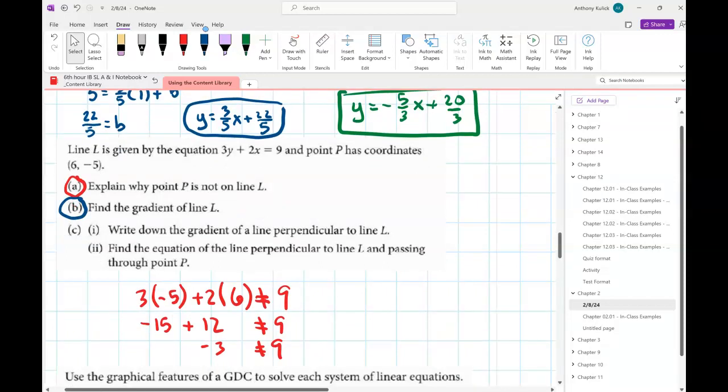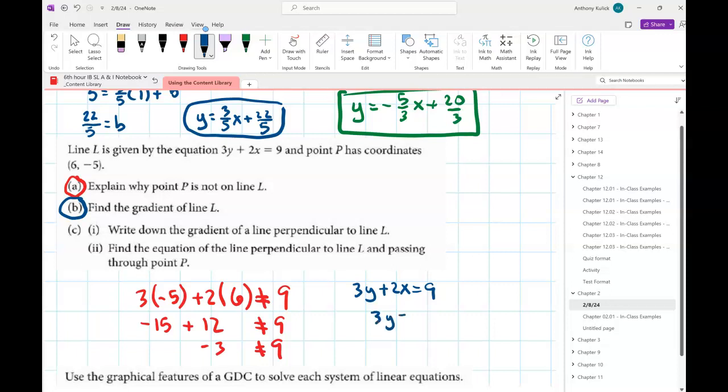What's going to be the easiest way to get the gradient for that line, 3y plus 2x equals 9? Let's just put it in slope-intercept form, right? And then the slope should be staring right in our little faces.